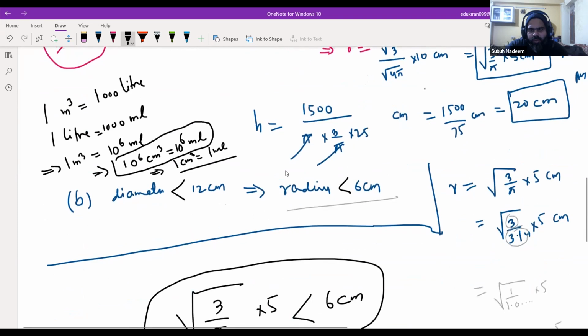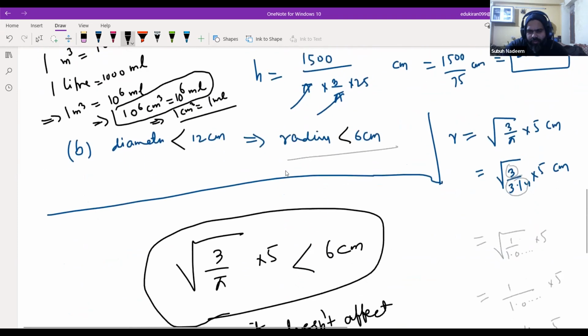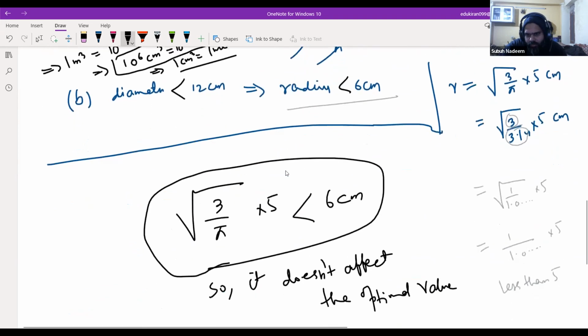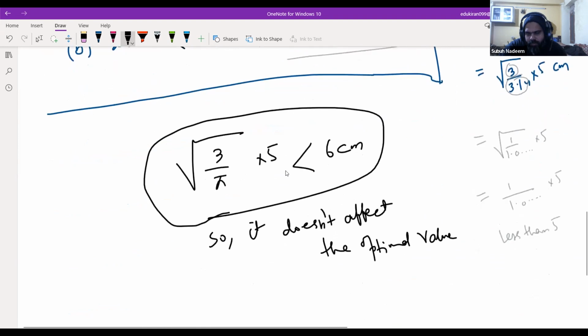R is fine. Now the 3 by pi into 5 centimeter will be 1 point something.